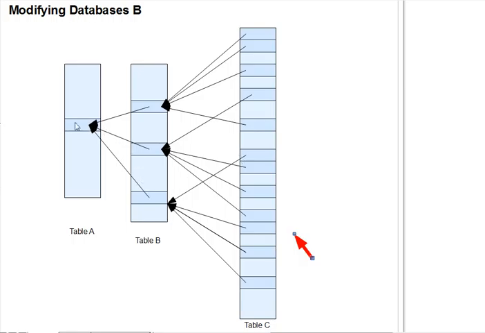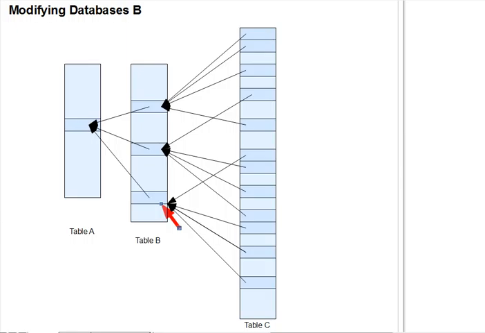In this diagram, a single row in A is referred to by 3 rows in B, and those 3 rows in B are in turn referred to by 4 rows each in table C. Now, if all the foreign keys in question here cascade on delete, then deleting that 1 row in A also results in deleting the 3 rows in B, and that in turn results in the deletion of the 12 rows in C that refer to the deleted rows in B.